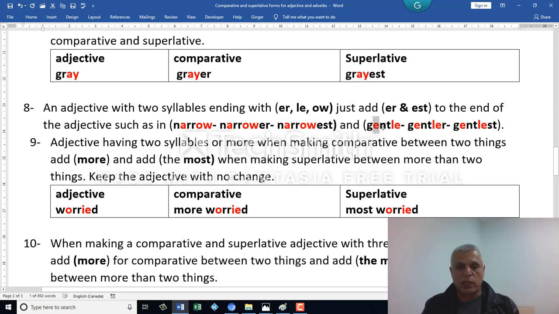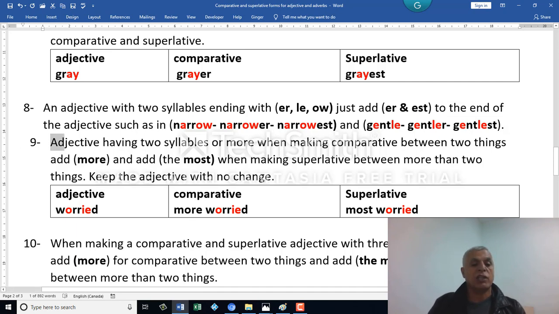Because it's two syllables, we just add r to it, because we can keep the e here. Same thing here, we just add st. Or sometimes we say we delete this e, then add er to it. Anyway, whichever you find convenient, just follow it.